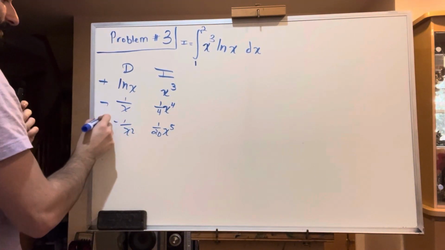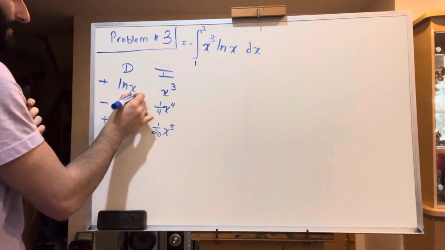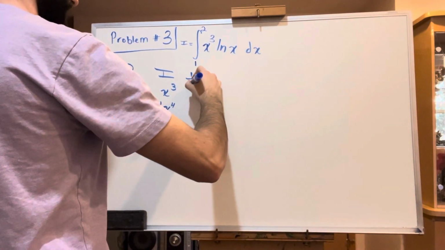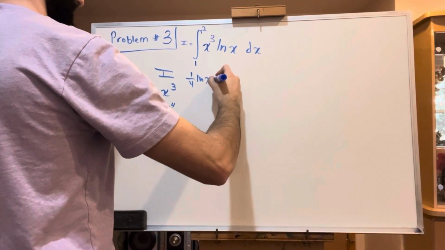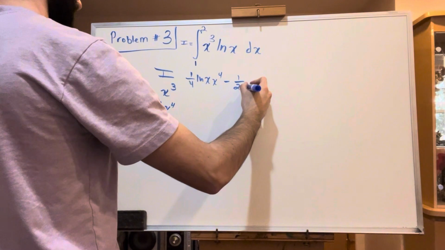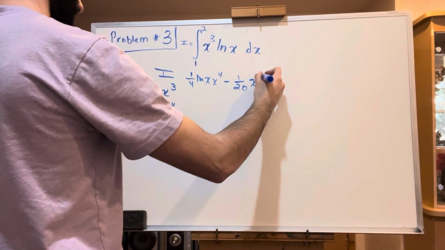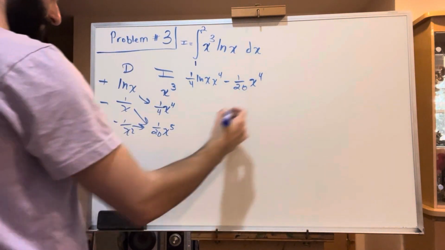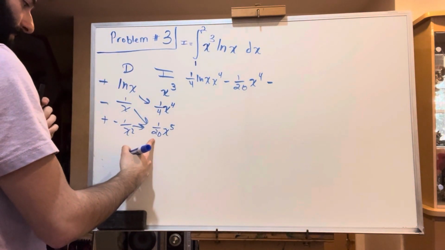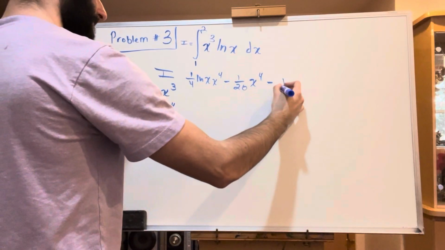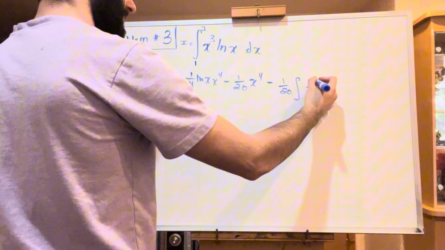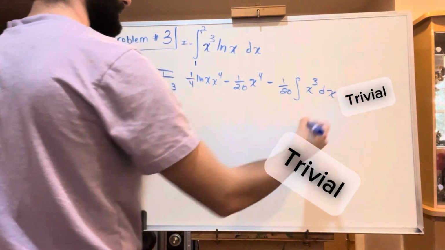Don't forget your plus minus plus, and follow the procedure. So we get 1/4 ln x, x to the fourth, minus 1 over 20, x to the fourth, and then minus, we get 1 over 20, the integral of x cubed.